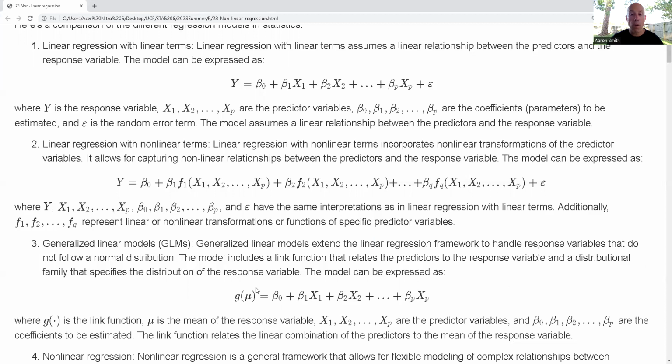So here we're going to have a link function that connects the expected value of our target variable given our predictor variables, and most of the time we're going to use maximum likelihood estimation. So it's a little bit different, but it's related.